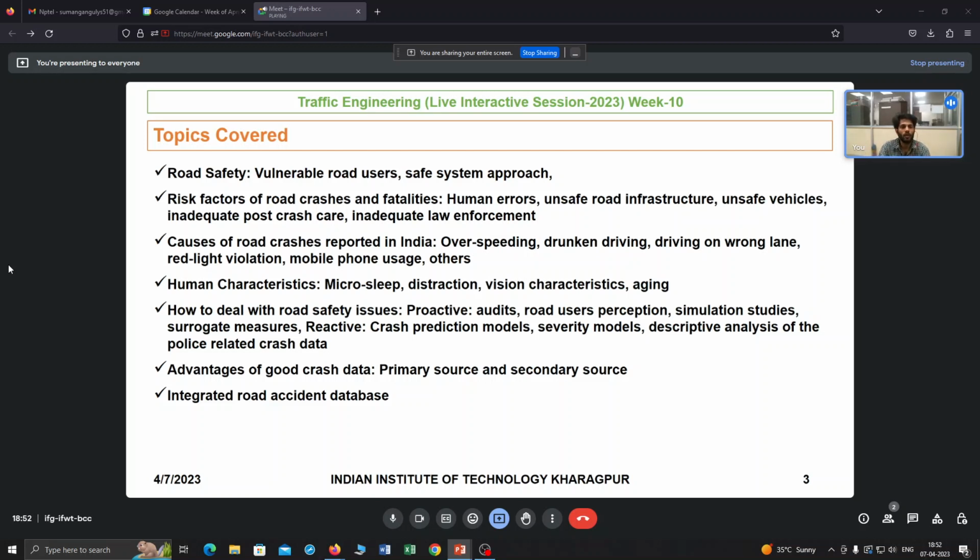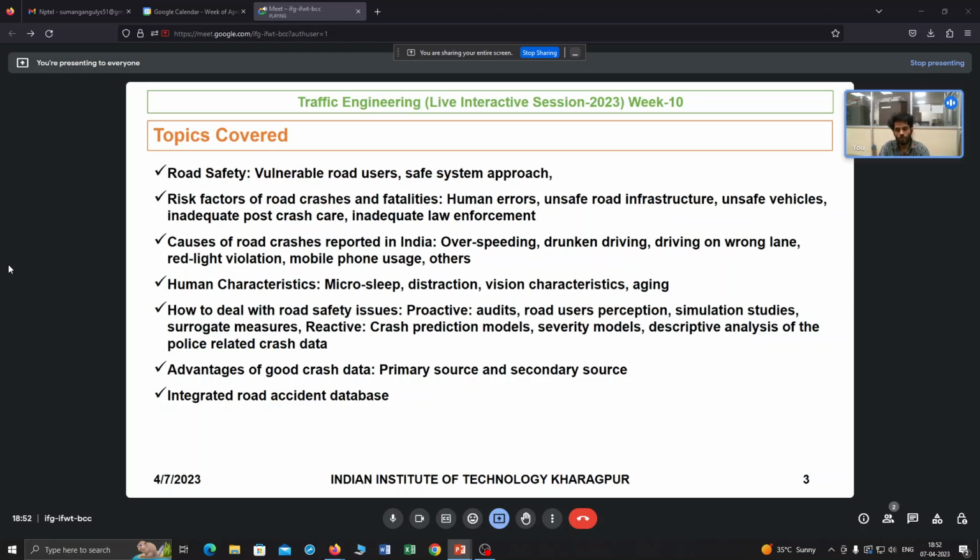They are very old, and even after you apply the brake, sometimes it is not working properly. Maybe you do not have your seat belts in place. So those kinds of unsafe vehicle features may also result in accidents.